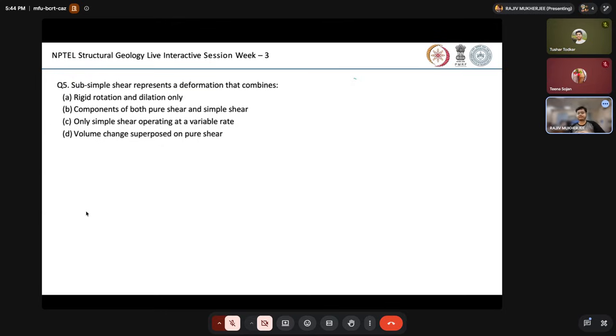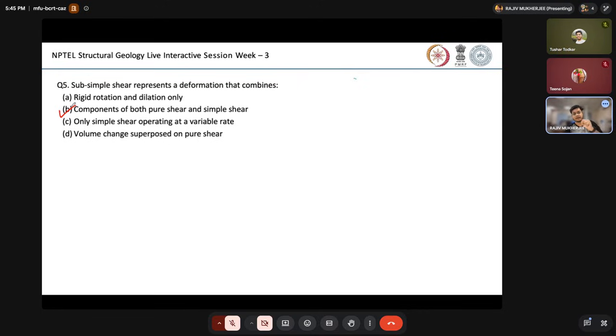Okay, so the correct answer in this case will be option B. So let us first eliminate why option D is not correct. Because volume change, this volume change phenomenon itself is isotropic. That means it has to be the same in every direction. That means a volume either compacting or dilating has to be synonymous with pure shear.